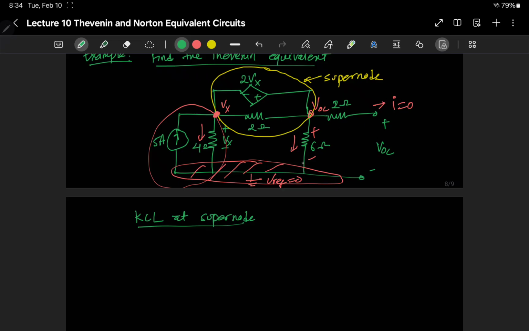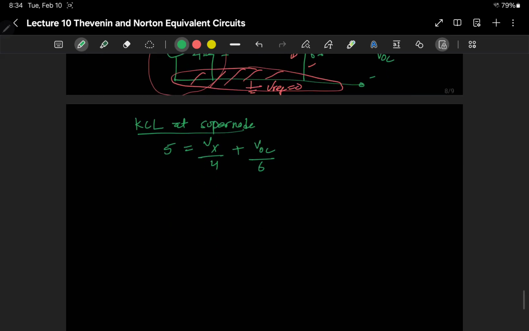And this current across the 6 ohm resistor can be written as VOC minus 0 divided by 6. So basically write that equation here, 5 is equal to Vx divided by 4 plus VOC divided by 6, right? And if we simplify this, we'll get 3Vx plus 2VOC is equal to 60. So that will be our first equation.